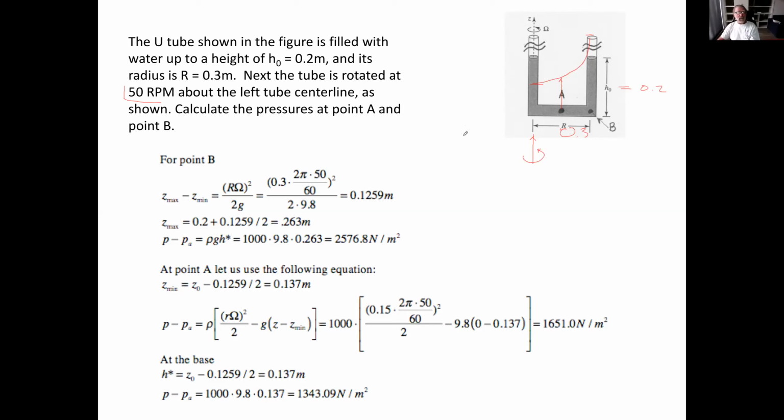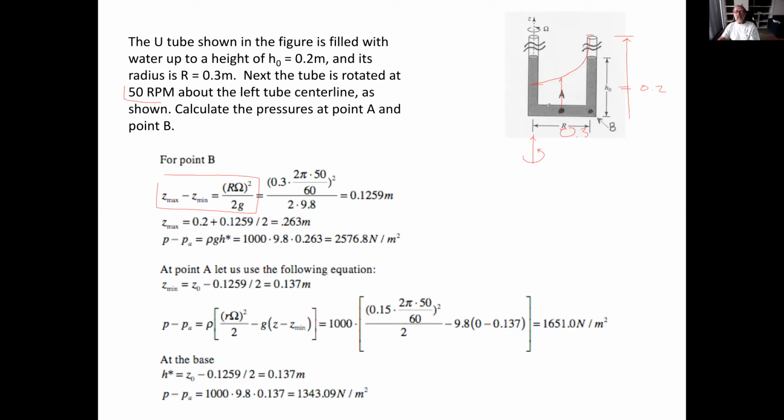So for point B, we're looking at Z max minus Z minimum. We think that here is going to be Z max, and we're just trying to find out what Z max is. So what I did here is just plug in this quantity, just the difference between the two.